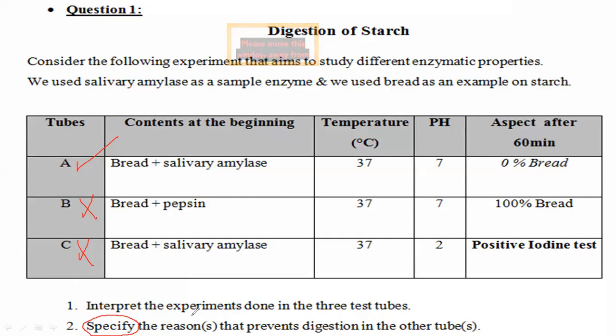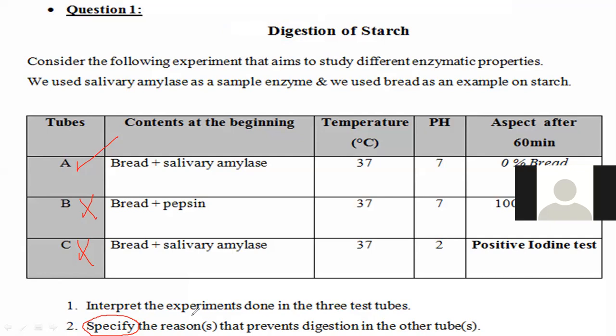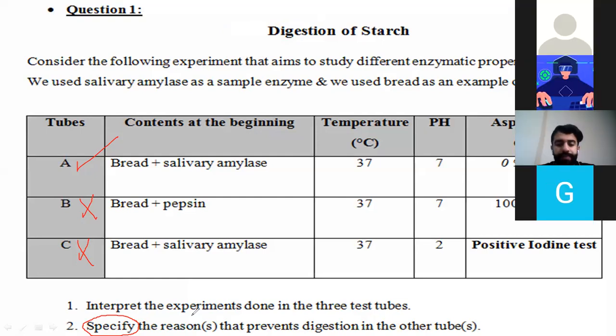Ali Fadi Basma, justify why digestion does not occur in tube B. Why don't we have digestion in tube B?